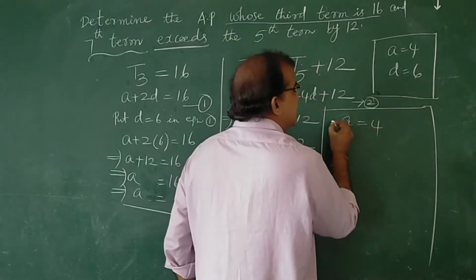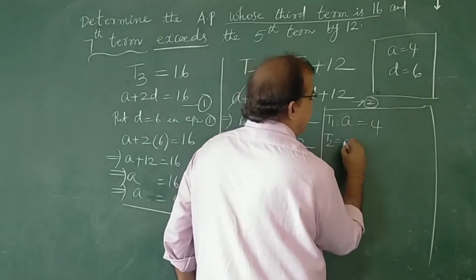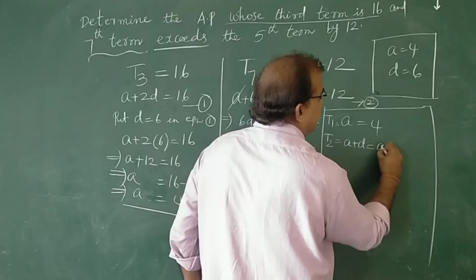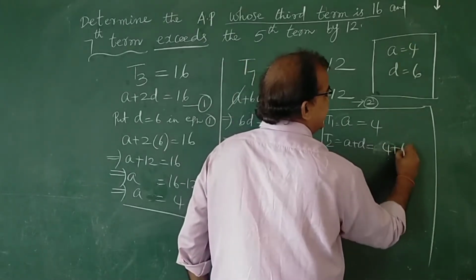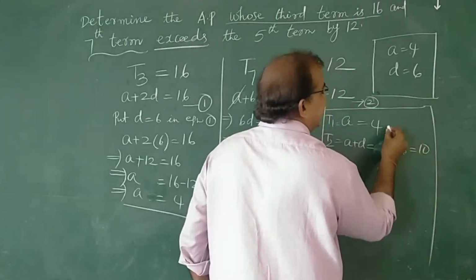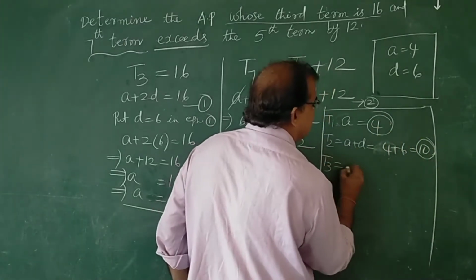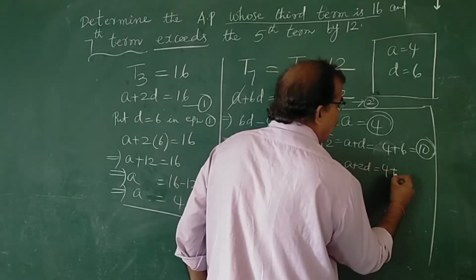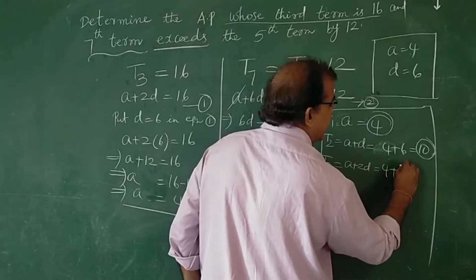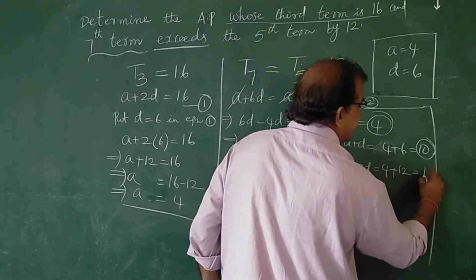Second term t2 is equal to a plus d, 4 plus 6 is 10. This is the first term, this is the second term. Third term is a plus 2d, 4 plus 2 into 6, 2 into 6 is 12, that is 16.